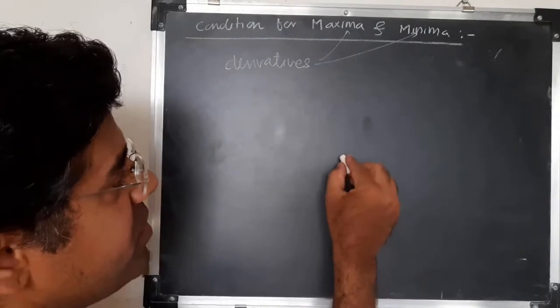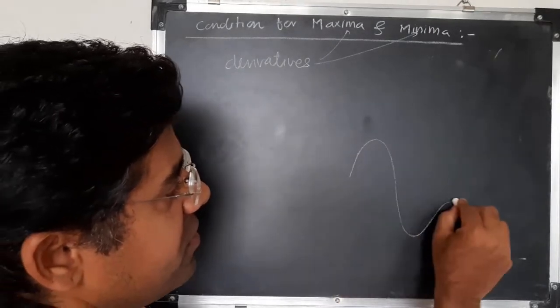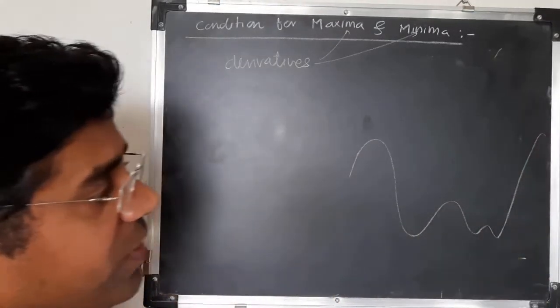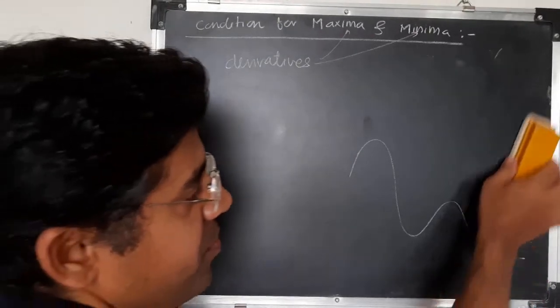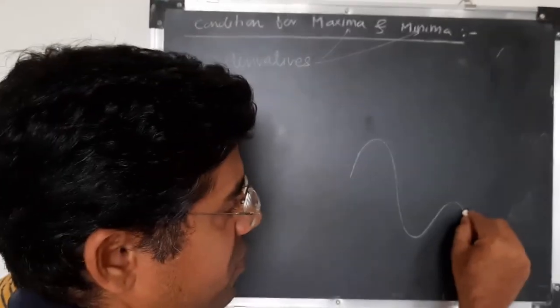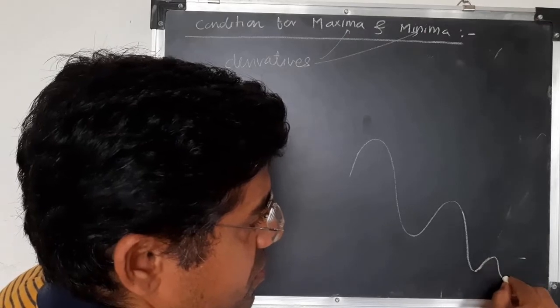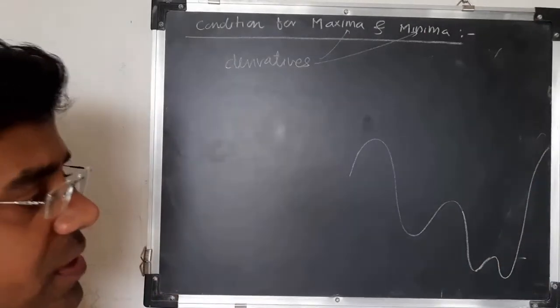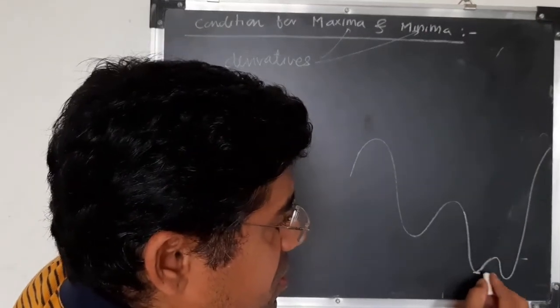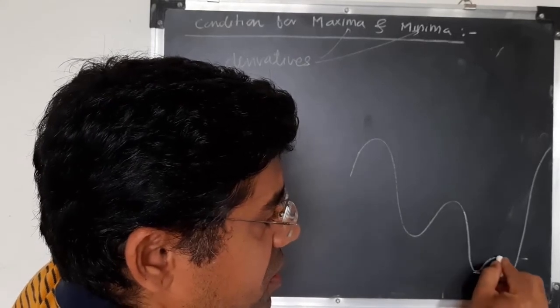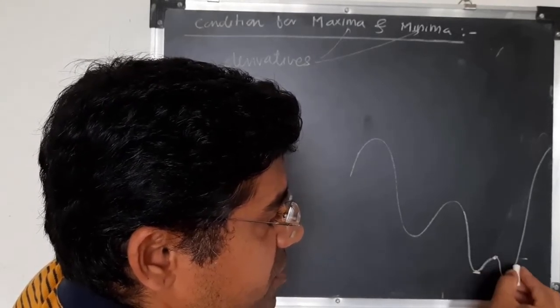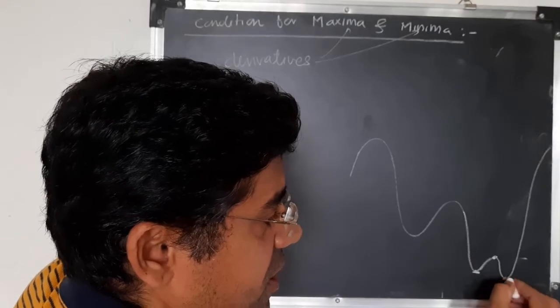Then the second thing, local maxima. Suppose you are given any function like this. Please remember this over here. This is your local minima, this is your maximum, this is again a minimum.